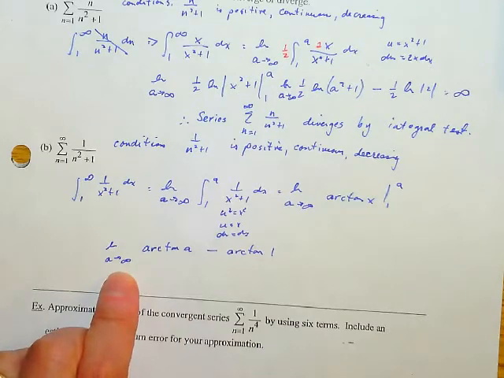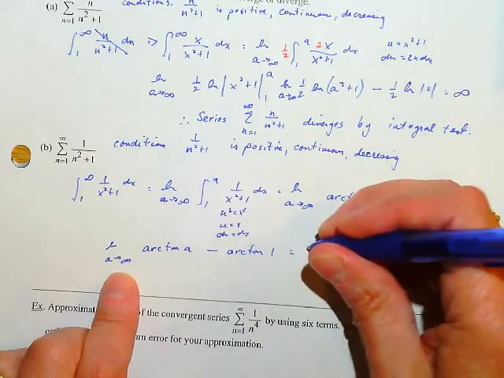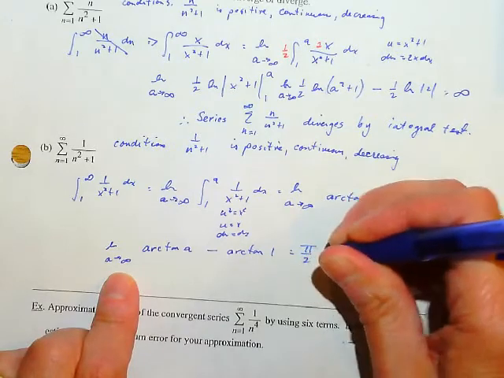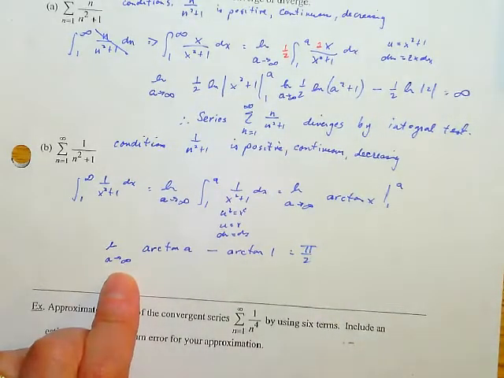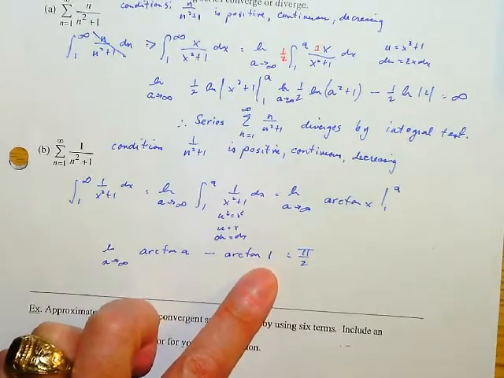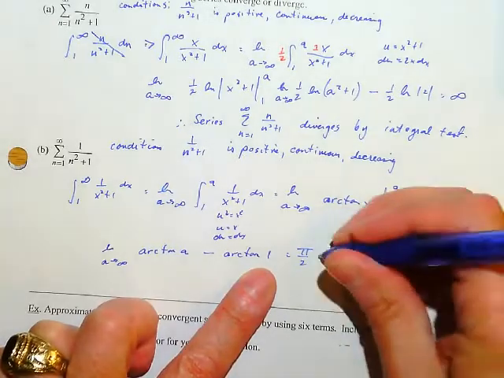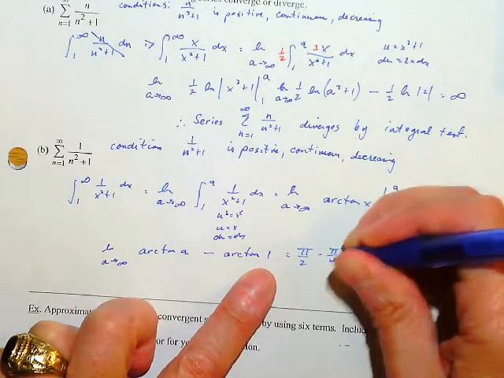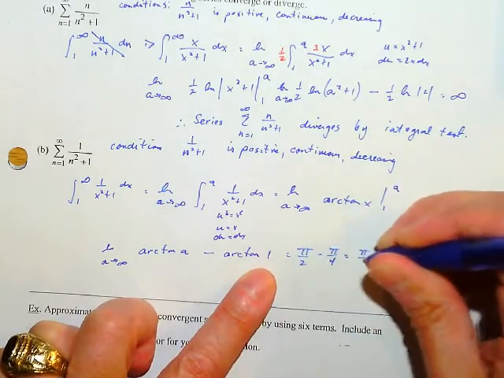Well, using your vast knowledge of the unit circle, you still have to have that vast knowledge, is pi over 2 there, minus arctan of 1. What angle has a tangent of 1? We all know that. Minus pi over 4. So pi over 2 minus pi over 4 is pi over 4.